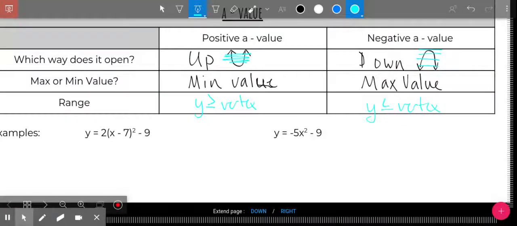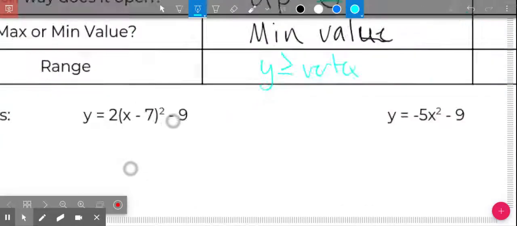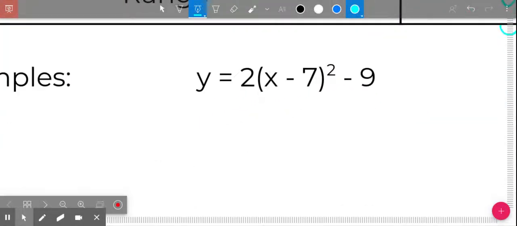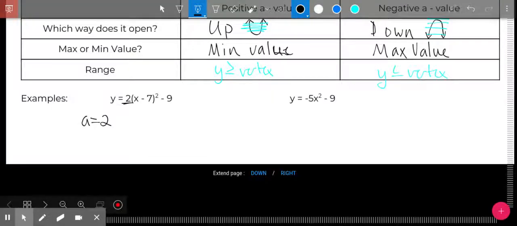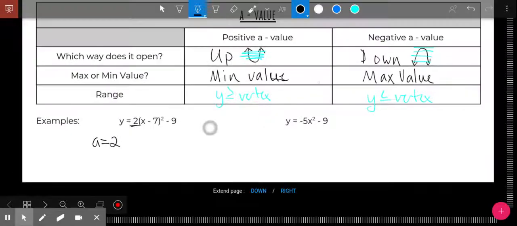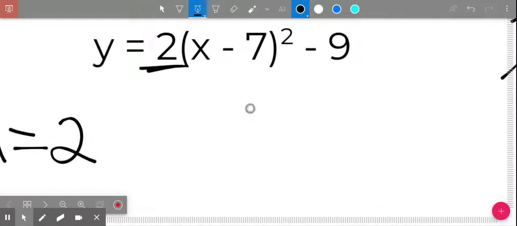All right, so let's go ahead and look at a few examples. When we look at example number 1, my a value is just a number up front. So my a value is a positive 2. It is a positive number, therefore we know all of this information. This graph opens up.